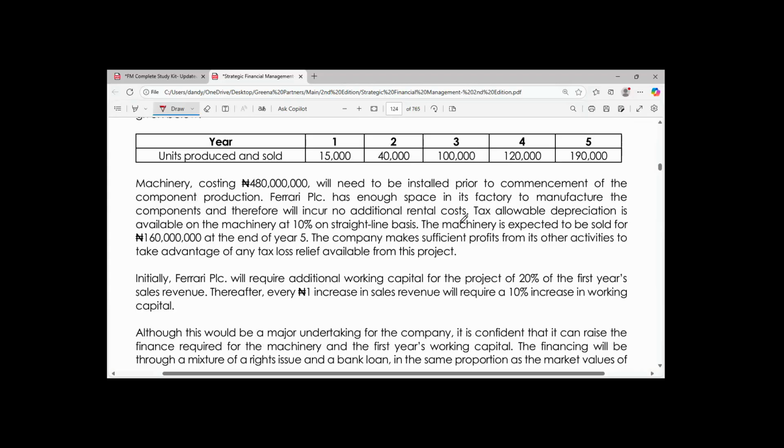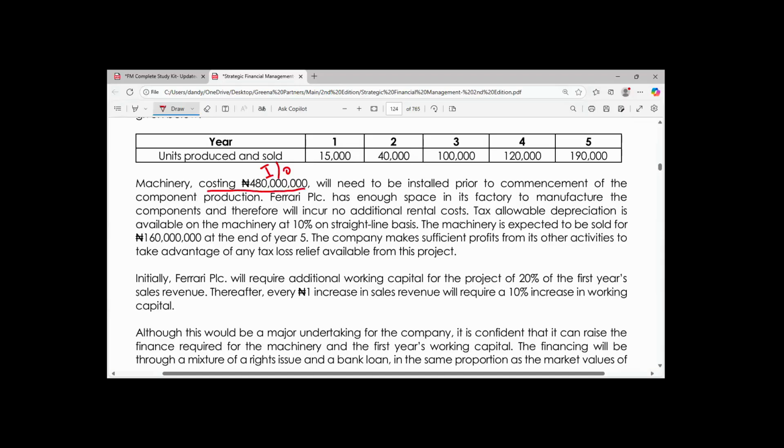A machine costing 480 million will need to be installed prior to commencement of the component production. Ferrari PLC has enough space in its factory to manufacture the components, and thereafter we incur no additional rental cost.